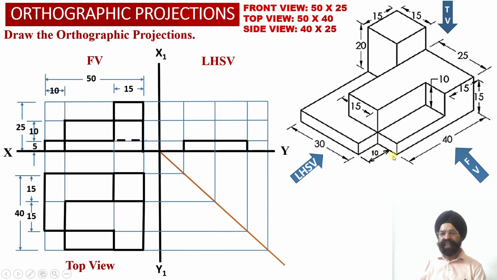Similarly, this rectangular face which is corresponding to element number 1 or the horizontal web is again parallel to the profile plane. So this rectangular surface will also be visible to the observer in the profile plane as a true shape projection. So this projection is also true shape, this projection is also true shape.